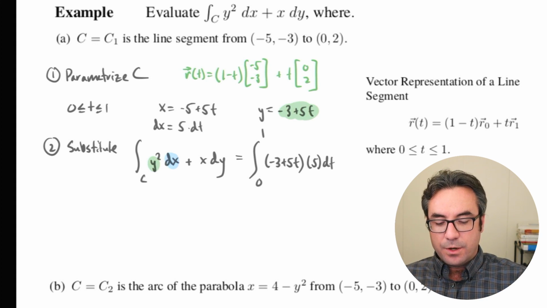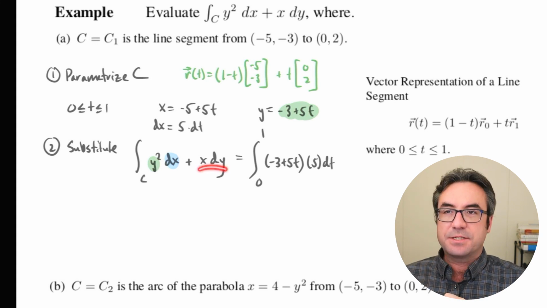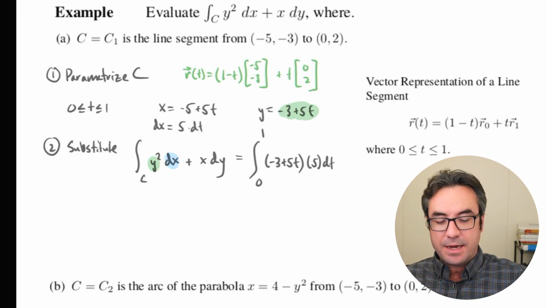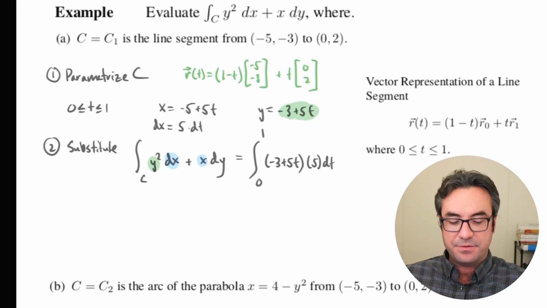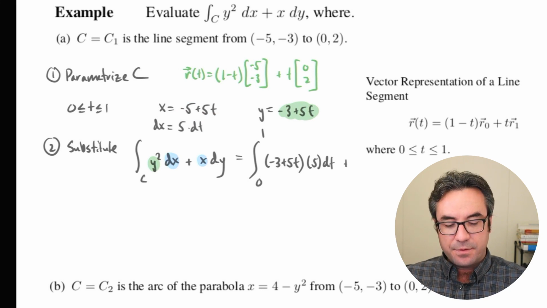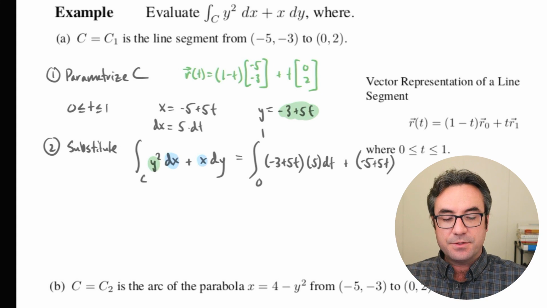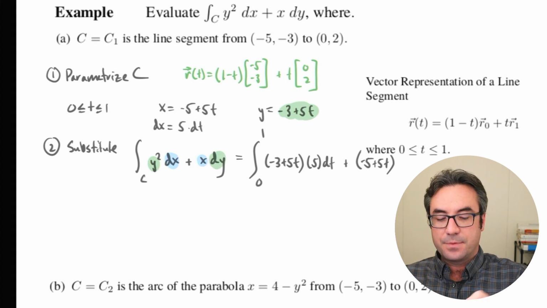And then we go to the next part, the x dy here, and we do the same kind of conversion. So we want to convert the x term that we see. So x in this case is -5 plus 5t. So we're going to have plus -5 plus 5t. So that's our x value. And then we also have to calculate dy.